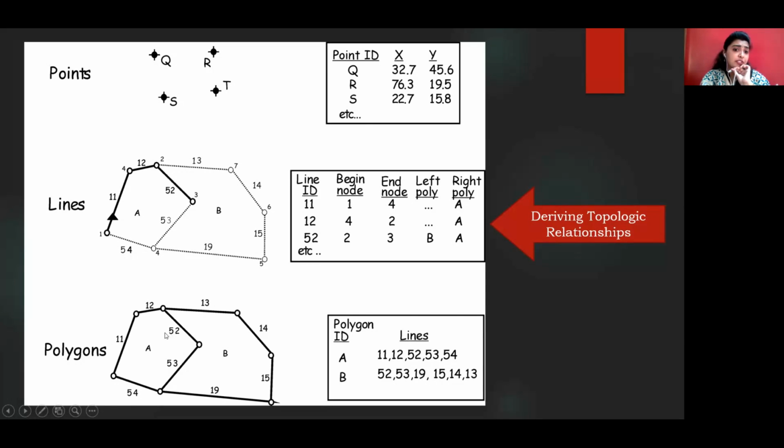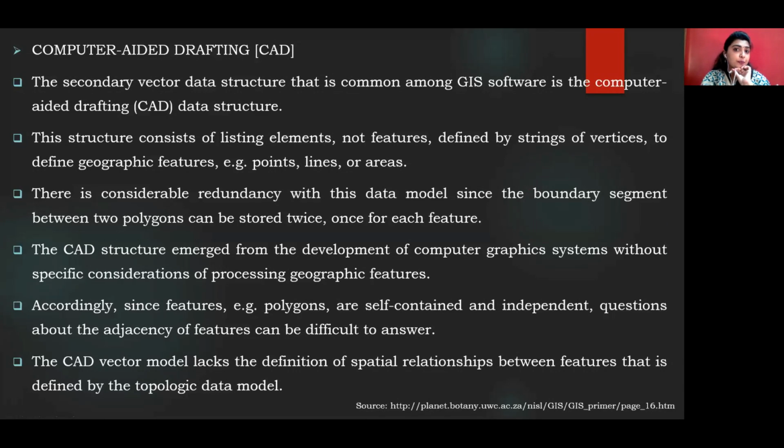Similarly, for polygons, if you see here, I have two polygons A and B. Polygon A has lines like 11, 12, 52, 53, and 54, whereas polygon B has lines like 52, 53, 19, 15, 14, and 13. My common lines between A and B become 52 and 53. So that kind of relationship can definitely be derived, and we call that relationship the topology relationship.